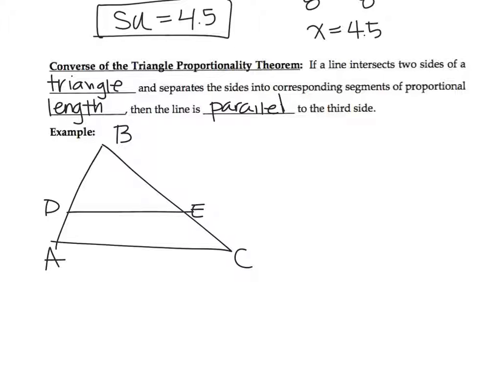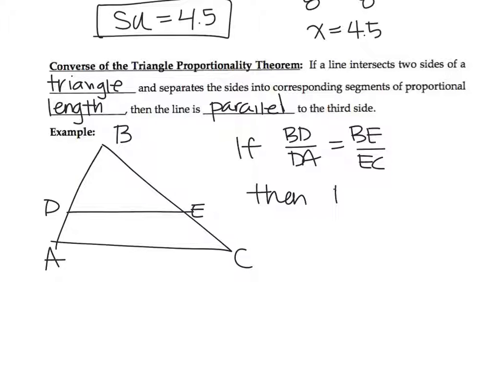This time we're starting off with the fact that our segments are proportional. So if BD over DA equals BE over EC, then we can state that DE is parallel to AC. So knowing proportional lengths tells us that that line has to be parallel.